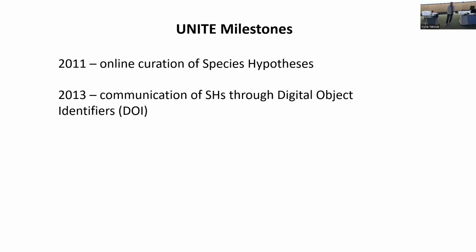This is also why we are using PlutoF, because PlutoF is a member of DataCite and can publish an unlimited number, millions and millions, of DOIs. And we did this. Every species hypothesis, or better to say, every taxon hypothesis, has a unique DOI, and all DOIs through different versions are connected. All right, this was very important.